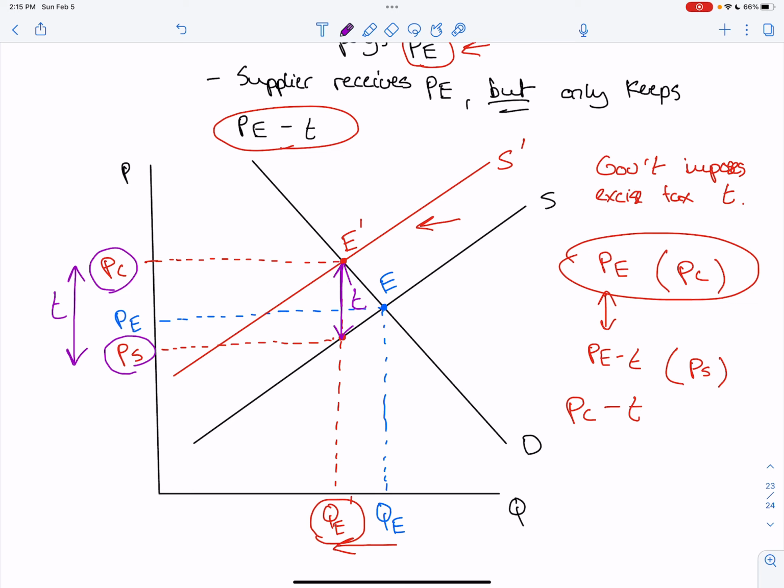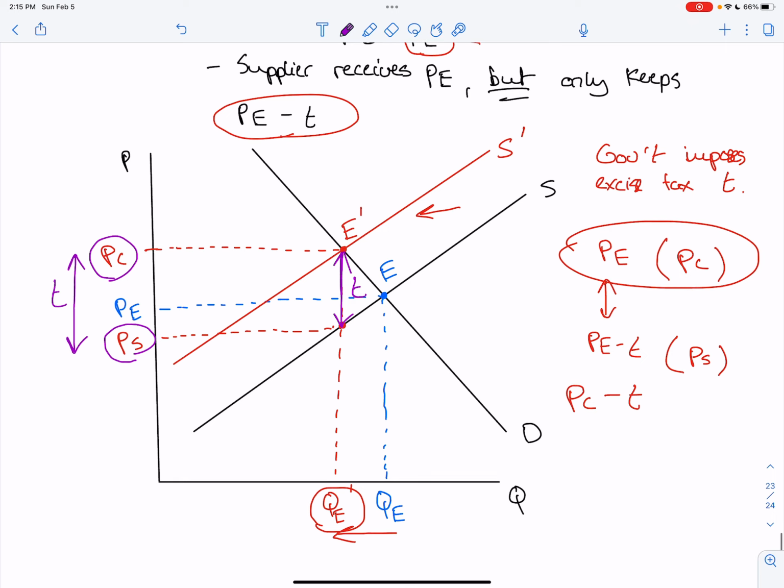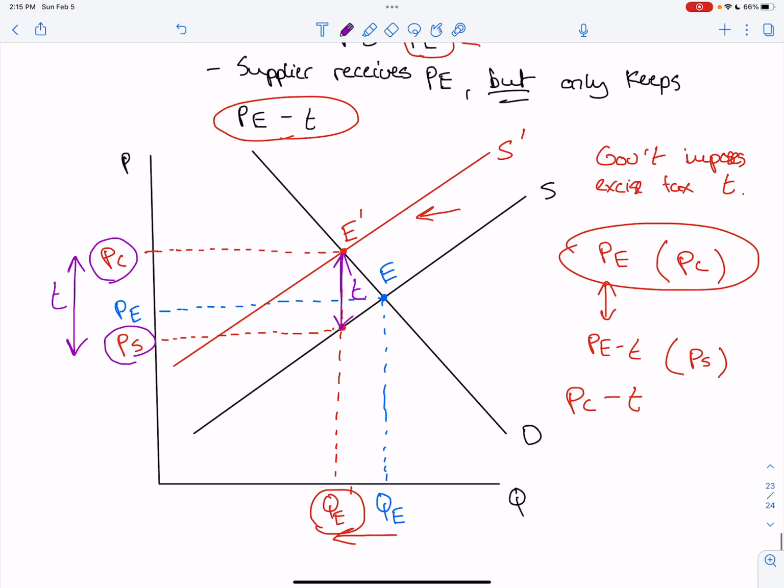Now, I encourage you to pause the video at this point and take a look at this graph and see if you understand it intuitively. If you don't, rewind and review the explanation again. I got here through a step-by-step process by moving the equilibrium point to the left because the supply curve shifted to the left, finding the corresponding price, PC, and then simply asking myself, how much would the supplier be willing to supply if the price were PC minus T? Well, we already know how much the supplier is supplying.